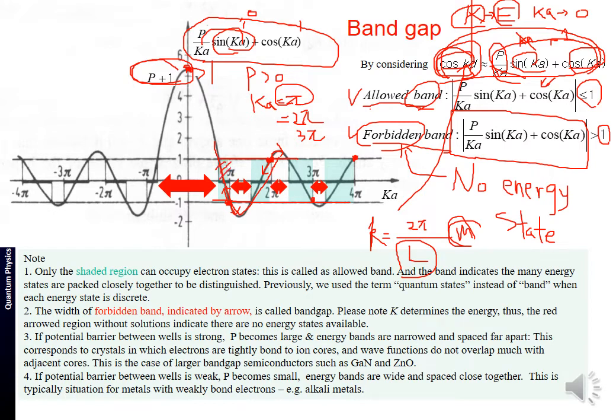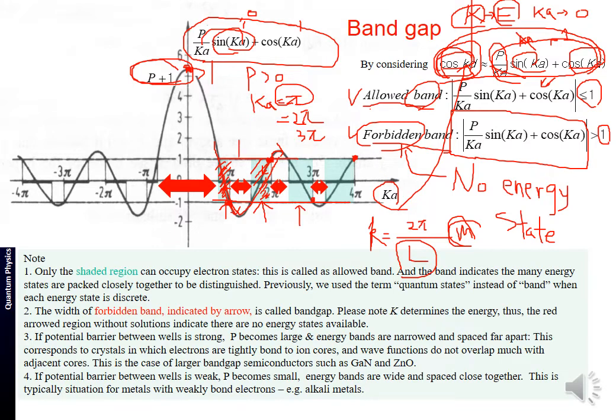There is an overlap here, the shaded range, right? Then we have an energy state. So large K has a certain value within this range. Then we have energy. Within this range, then we have energy. Within this range, then we have energy.